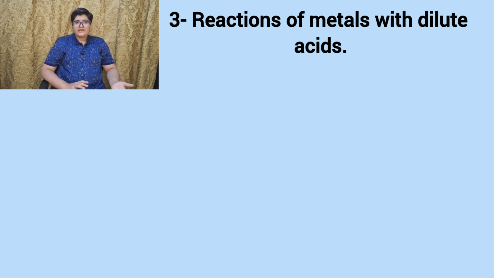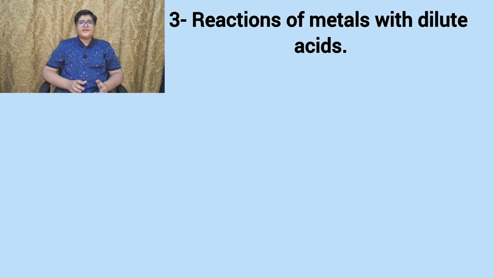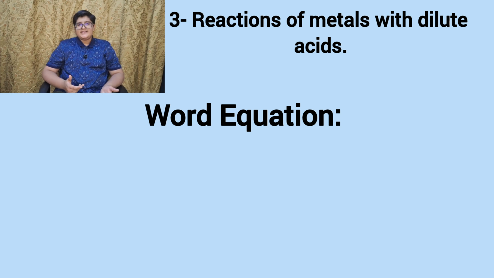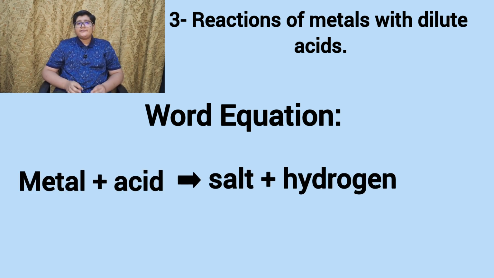Now let's talk about reactions of metals with dilute acids. Metals can react with different dilute acids, for example hydrochloric acid and sulfuric acid. The word equation of a metal reacting with dilute acid is metal plus dilute acid gives salt plus hydrogen.